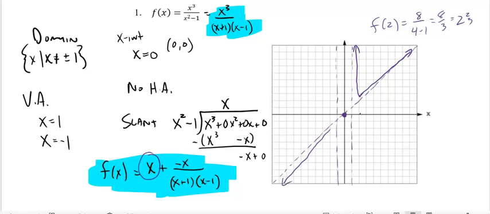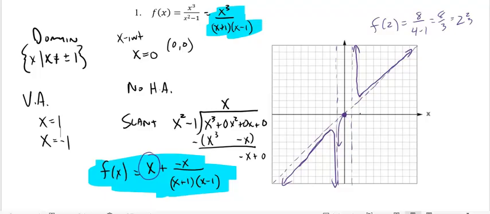I can do another test point. Okay, and then if I have to hug this line, and I have to hug this line, that's one option there. Or what else can happen? It could do that, or it could also do this on either side. It could look like a little parabola.